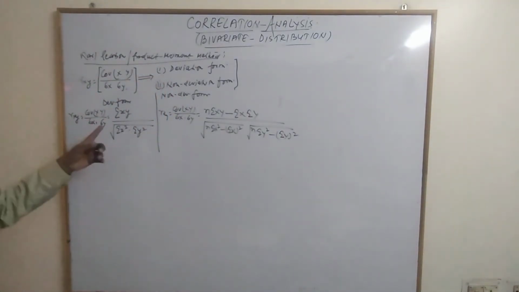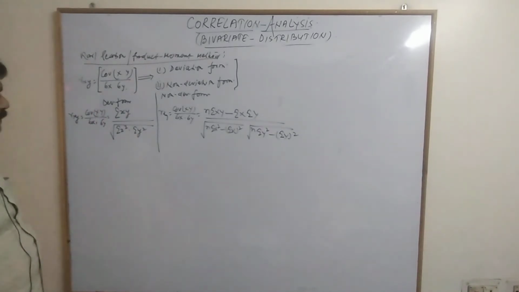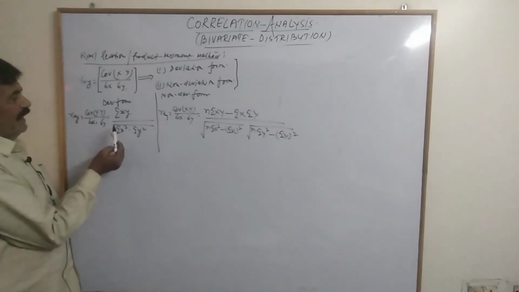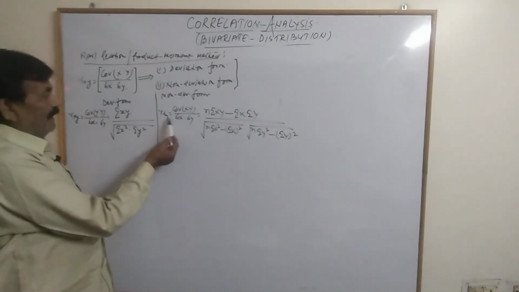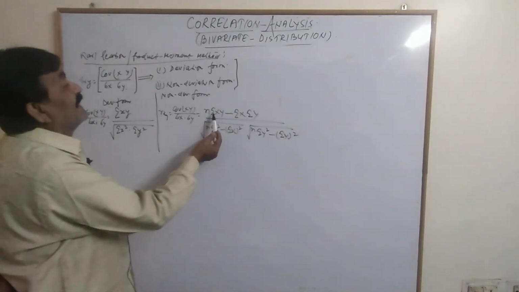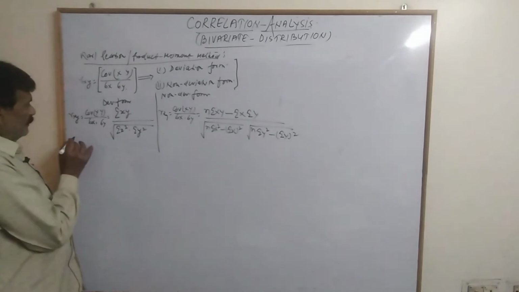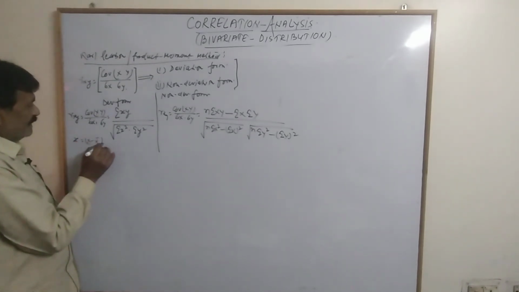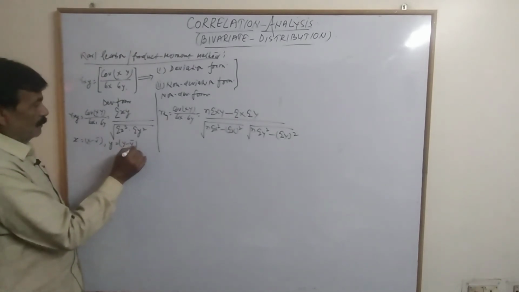Now, by observing these two formulas of the Karl-Pearson, what do we see? That in the deviation form, we have used small letters of x and y, and in the non-deviation form, it is capital letters of x and y. Small x is x minus x bar and small y is y minus y bar.